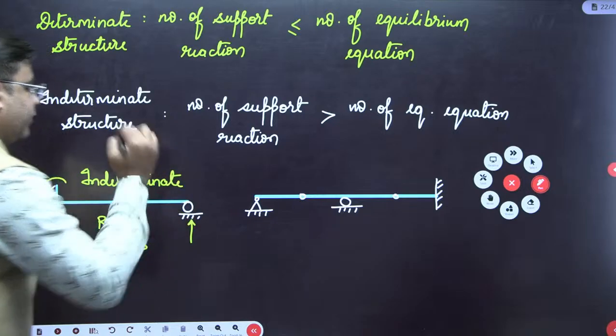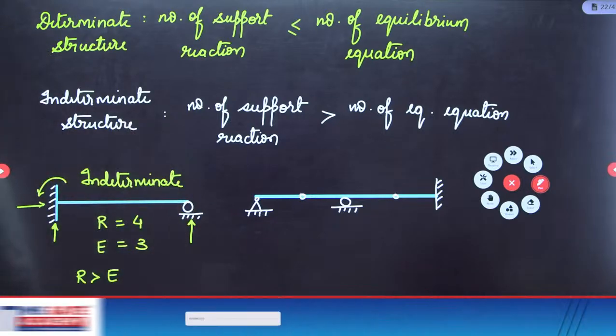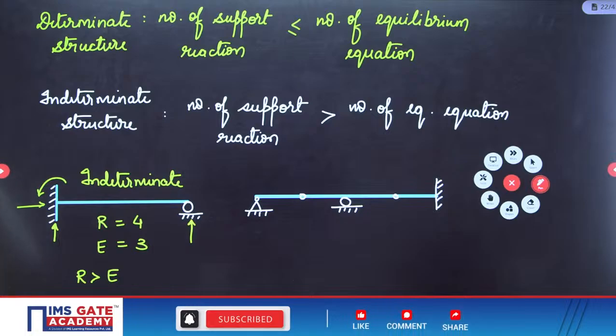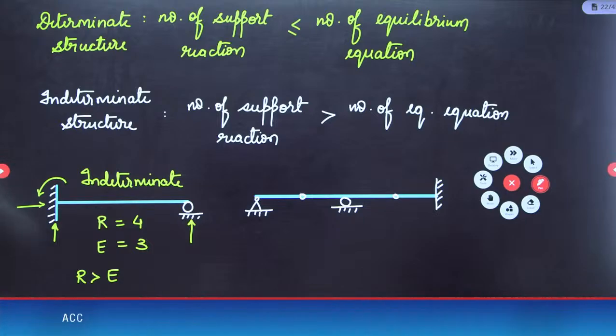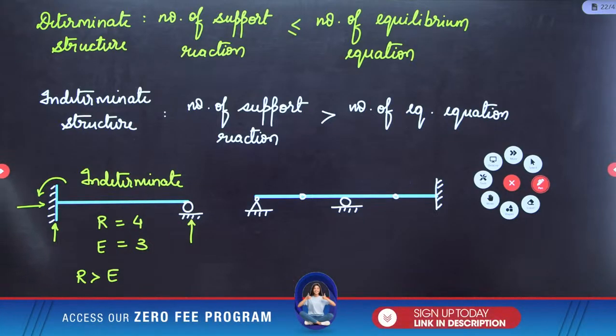Tell me about the second one. Determinate or indeterminate? You have 2 internal hinges in the second structure.